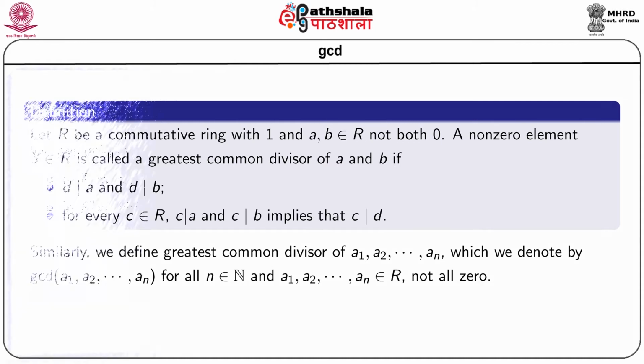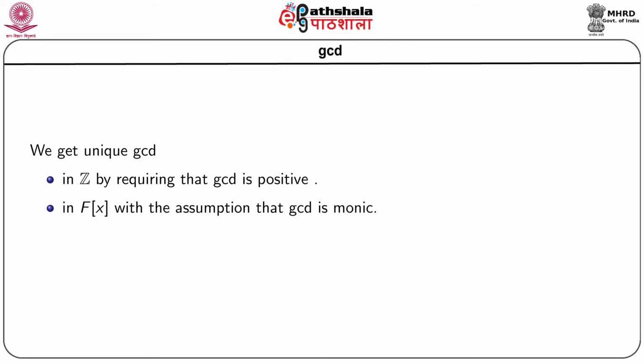The most important fact here is to note that we get a unique GCD in Z by requiring that the GCD is positive, and we get a unique GCD in F[x] with the assumption that the GCD is monic.